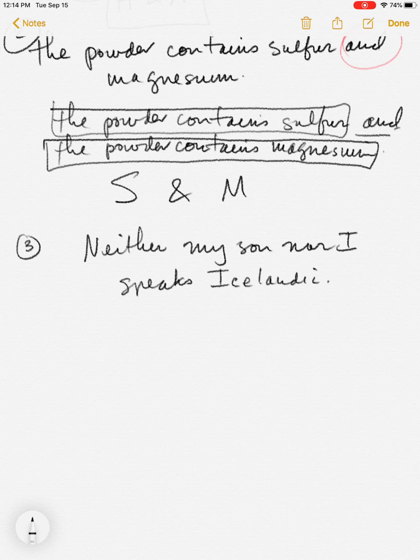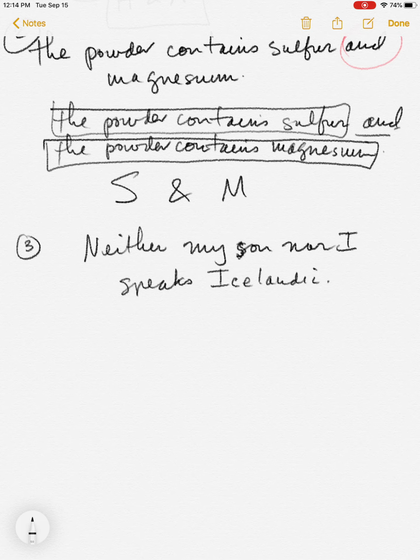Okay, neither my son nor I speaks Icelandic. Well, I think that this is properly analyzed as a conjunction, as I said. And what are the conjuncts of that conjunction? I think it is, my son does not speak Icelandic, and I do not speak Icelandic.